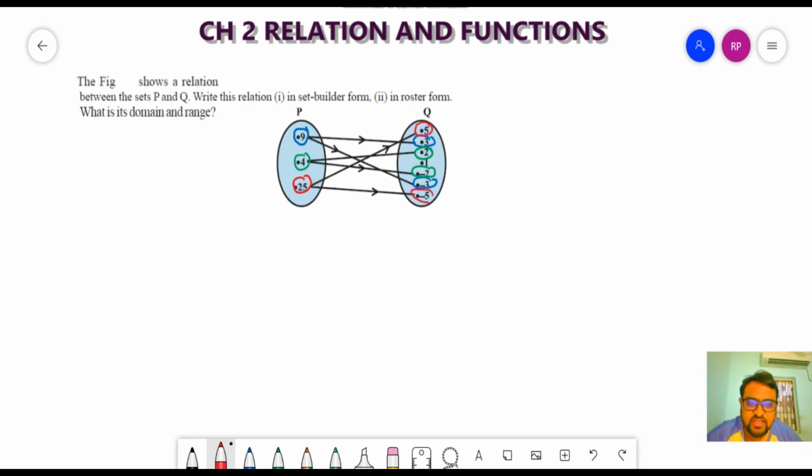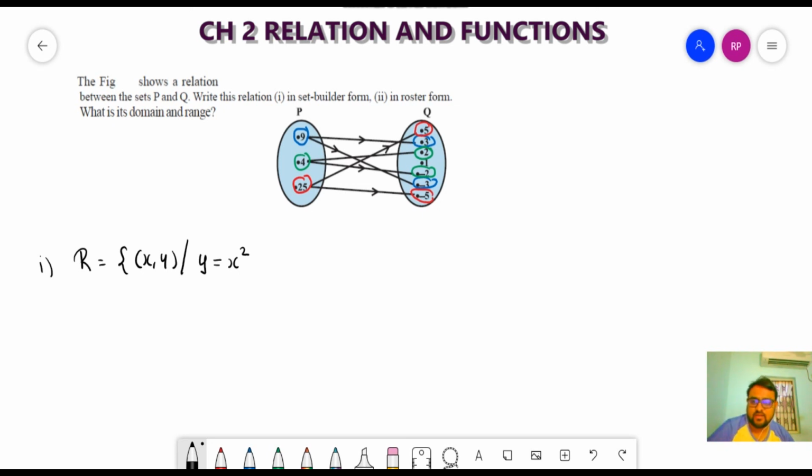So these are nothing but the square roots. The square root of 9 is plus minus 3, or the square of plus 3 and minus 3 is 9, right? So see how I can form it in set builder form. The first one: R equal to the ordered pair (x, y) such that y is equal to x square.